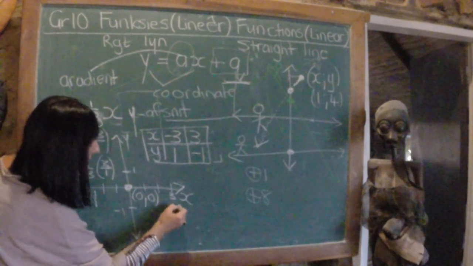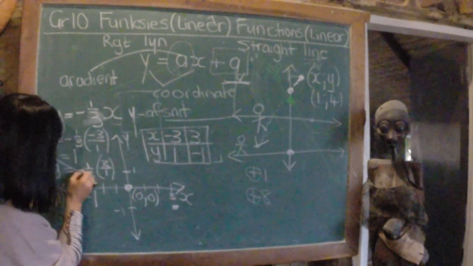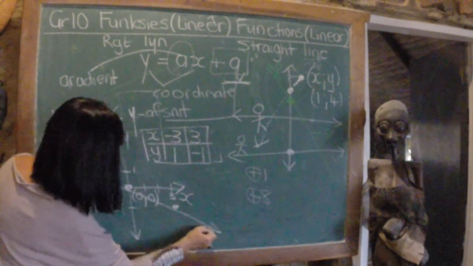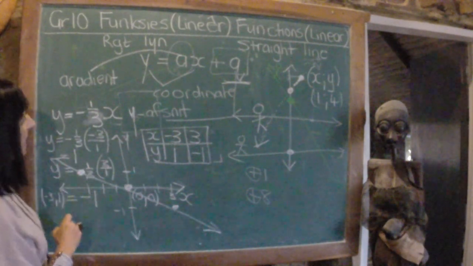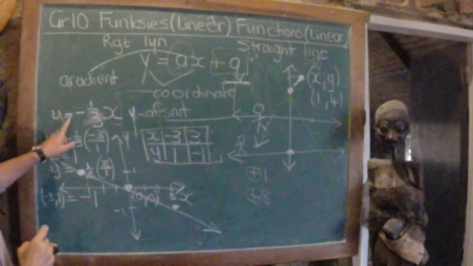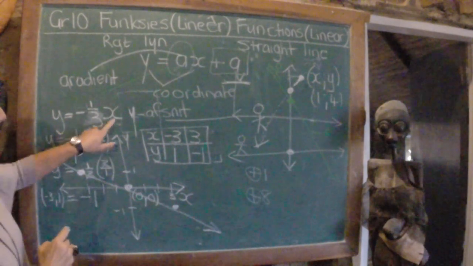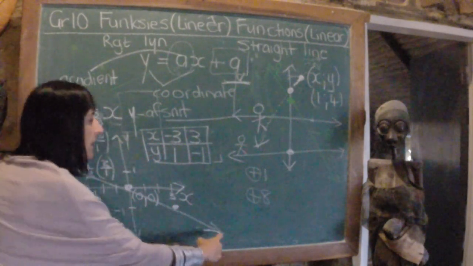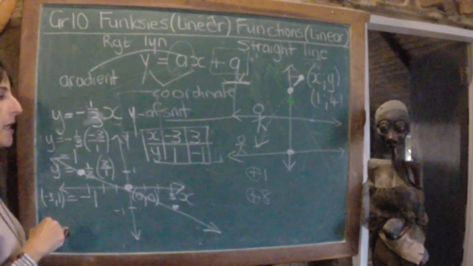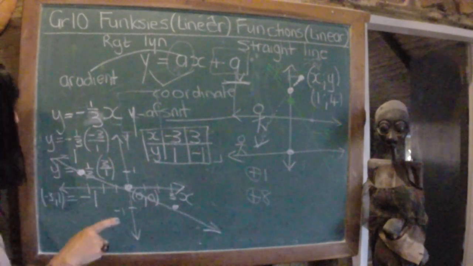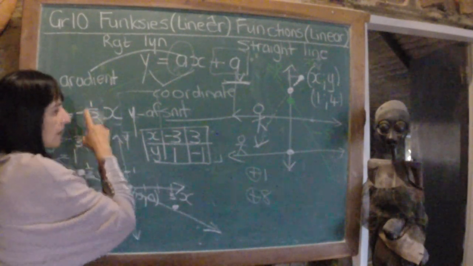So ek gaan hom daar teken. So kan julle sien my 3 punte. Ek vat my liniaal, ek verbind hulle en daar is y is gelyk aan minus 1/3 x. 'n Afdraande lyn, want dit is 'n negatiewe gradiënt and it's not steep at all because it's a small gradient.